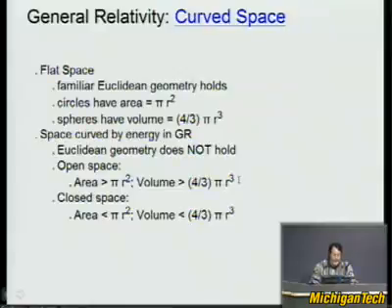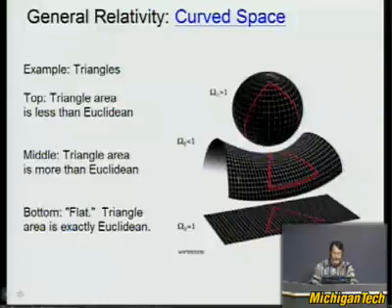Okay, so general relativity creates curved spaces. In flat space, which is what we're familiar with locally, circles have area pi r squared, spheres have volume 4/3 pi r cubed, but in curved space things don't happen like that. Area can be greater or less than pi r squared, volumes can be greater or less. I'm running out of time, so I'll get to my last slide. Here we have examples of triangles.